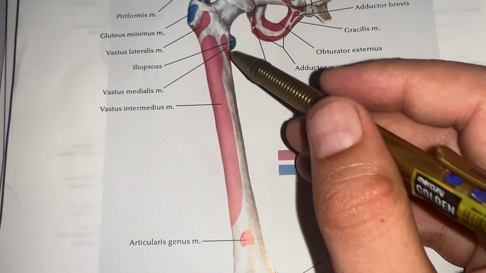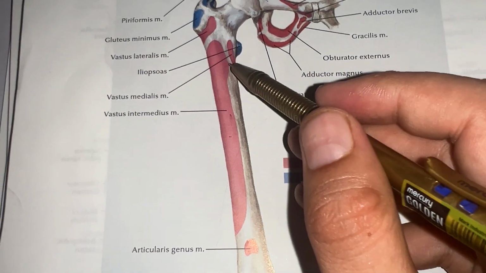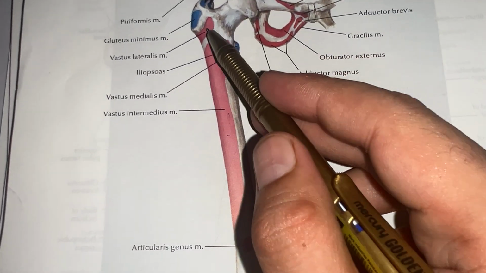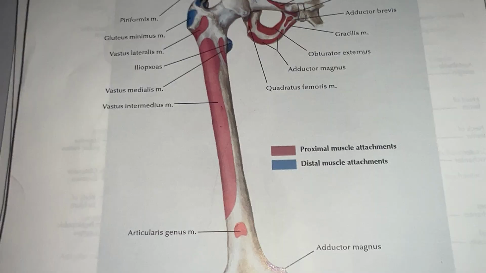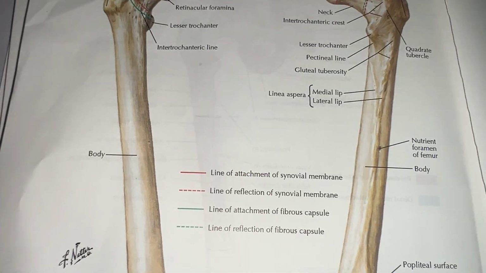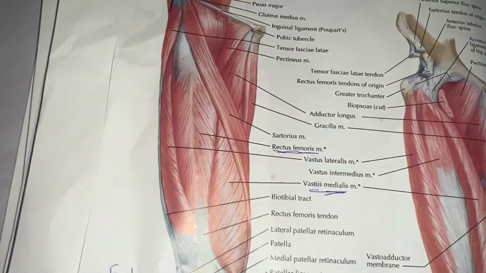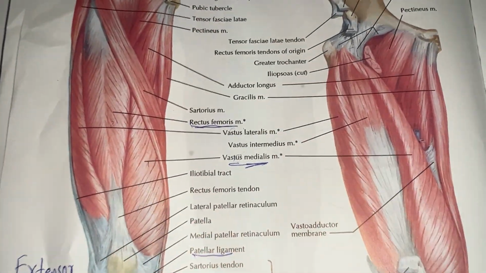You can see this is vastus intermedius, vastus medialis, and vastus lateralis. So all originate from the shaft of the femur. Okay, so these are the quadriceps femoris muscles.